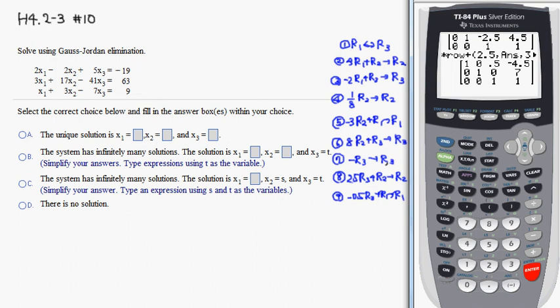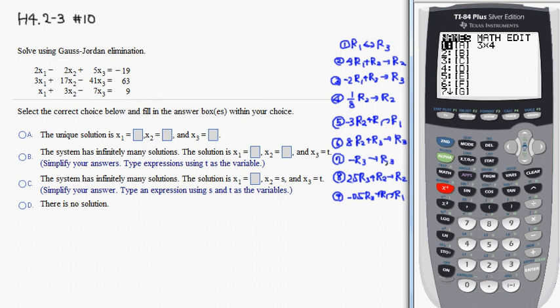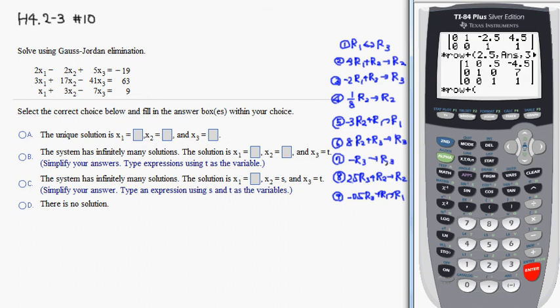All right, then the last step is go to matrix again and do math, and then multiply and add again. This time we need to do negative 0.5, comma, previous matrix, comma 3 and 1. So we multiply by the third row, then add it to the first row. Then you have that.